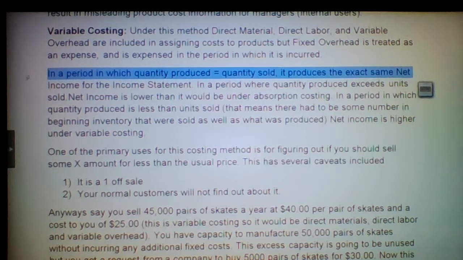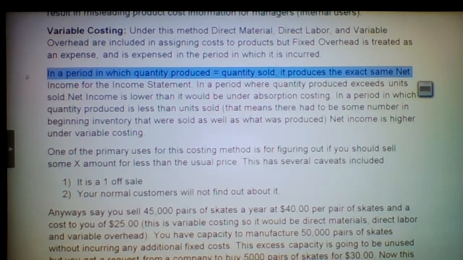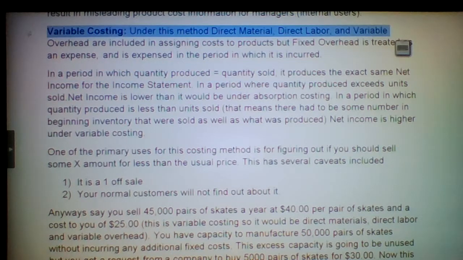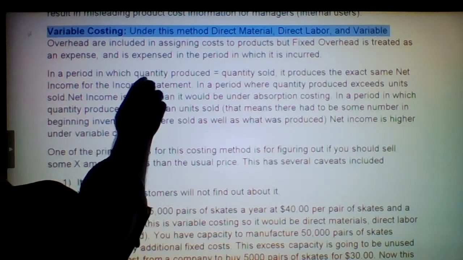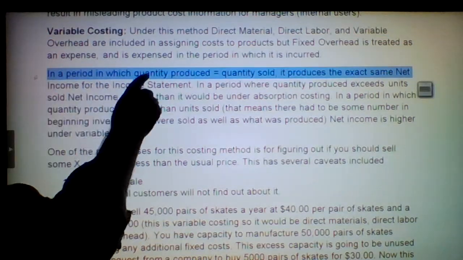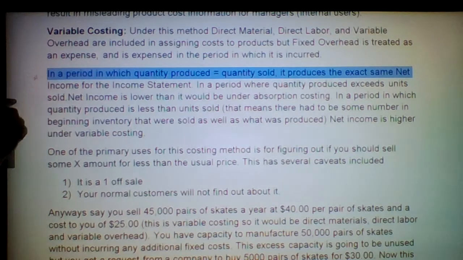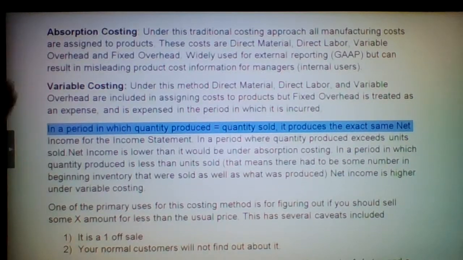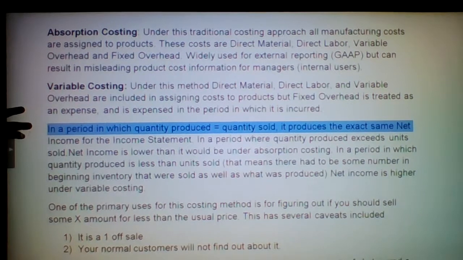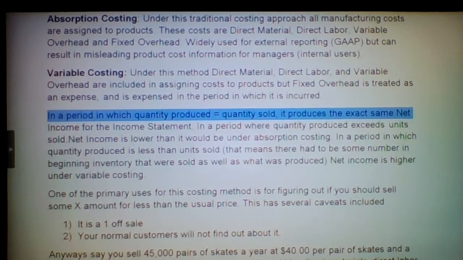In a period in which quantity produced equals quantity sold, this method of costing will produce the exact same net income for the income statement. Okay, so that means that if you produce 40,000 skates and you sell 40,000 skates, it's going to produce the same type of costing as absorption costing will on your income statement.